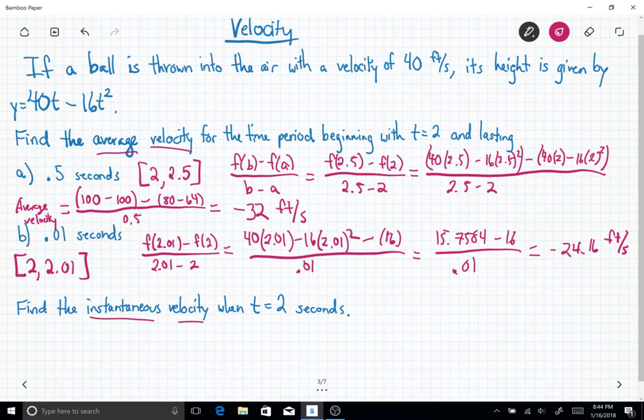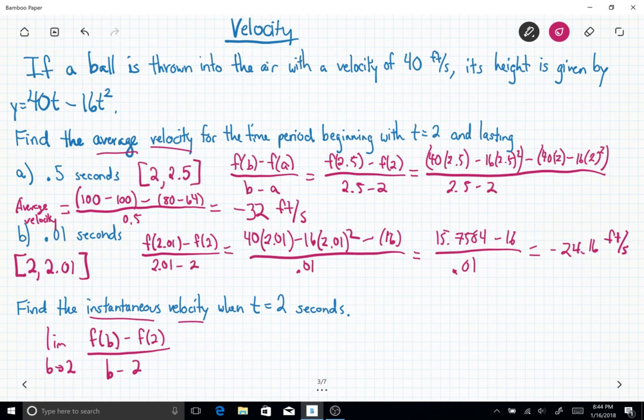And so what we really want to do is, instead of taking this in general, we want to take the limit as b approaches 2. And what that means is we'll have this f of b minus f of 2 all over b minus 2. And if we're getting closer and closer with those intervals to 2, all of a sudden we have an instantaneous rate of change, or an instantaneous velocity.